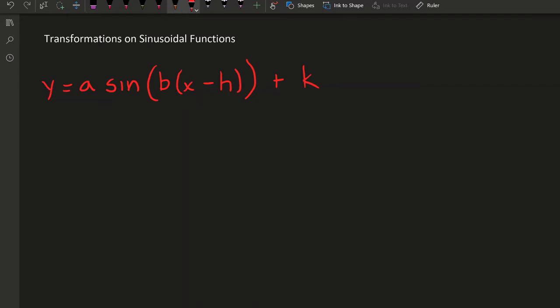First of all, let's talk about the a value. Just like with quadratics and exponentials, the a value is the vertical stretch. Another way of thinking about the vertical stretch in sinusoidal functions is that this is going to be the amplitude.